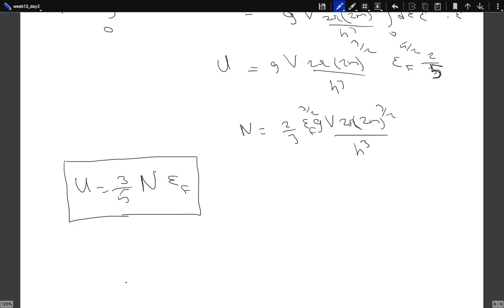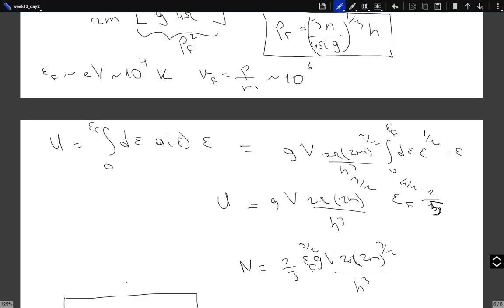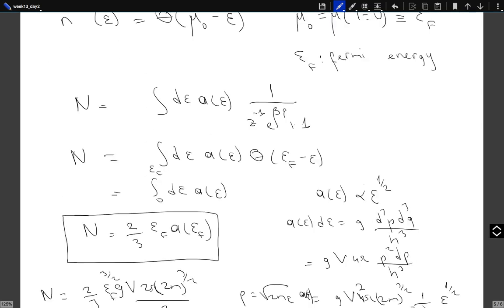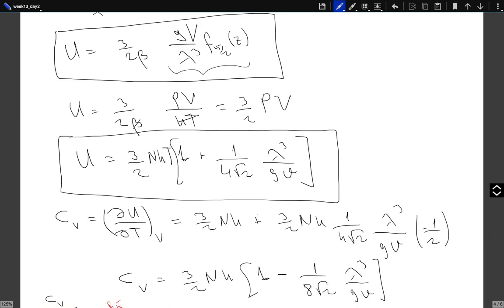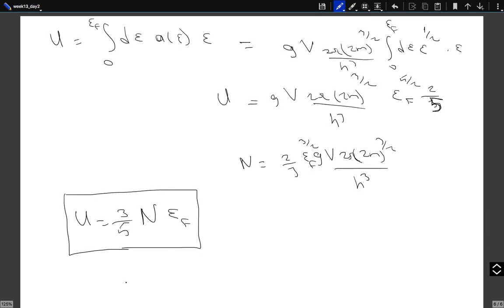In the case of the bosons at zero temperature, the pressure just went to 0. But not for these. The pressure will not be 0. Well, let's calculate the pressure. We already know that in general, U is 3 over 2 PV. So the pressure of this system is 2/5 the number of particles times the Fermi energy.